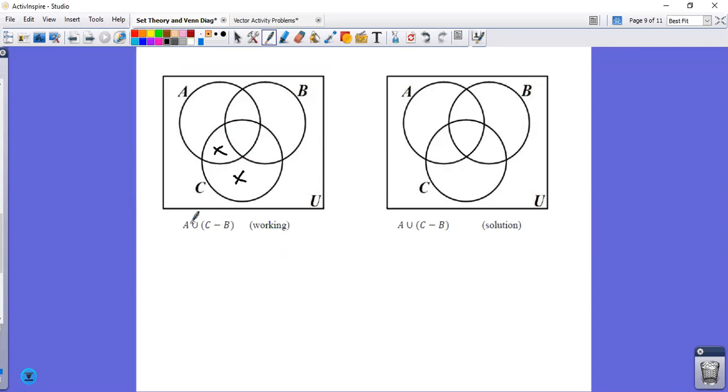And then you're going to union it with A. So even though this section of A got taken out of the C minus B, it's going to come back in because it is part of A. So your union, all of A, gets unioned with that C minus B. So I'm going to color everywhere where there's an X. So that's all of A was being unioned with wherever the C minus B was.